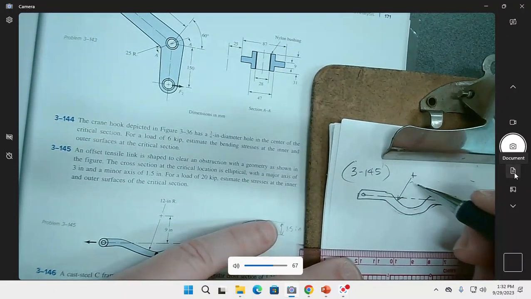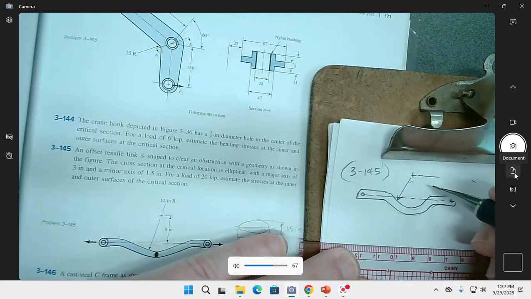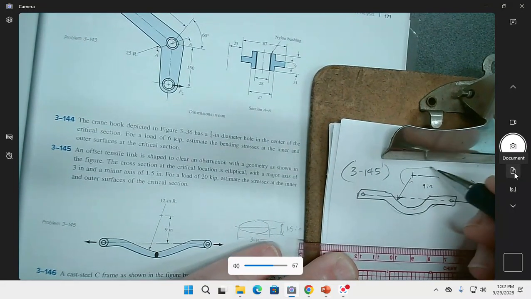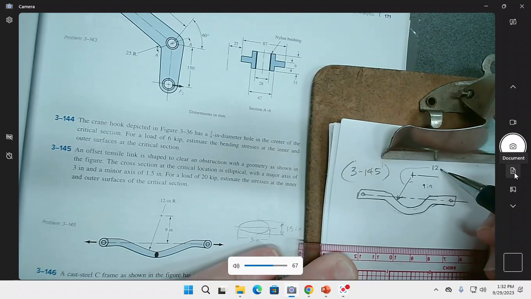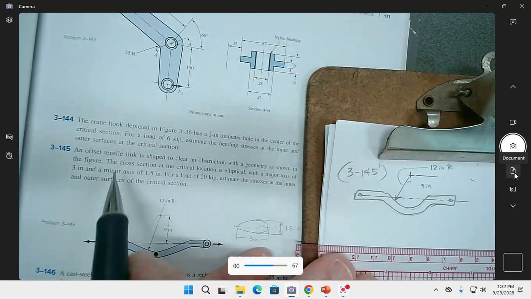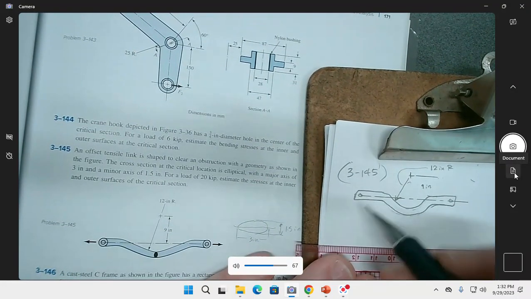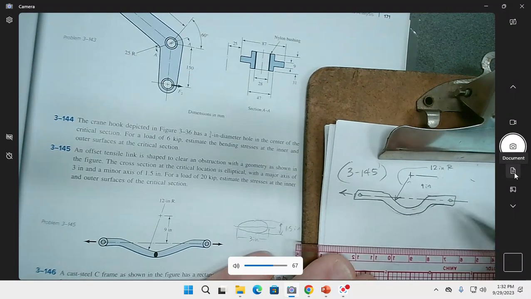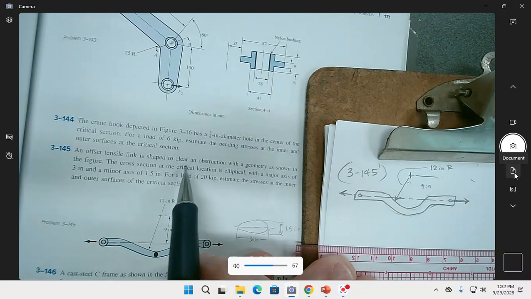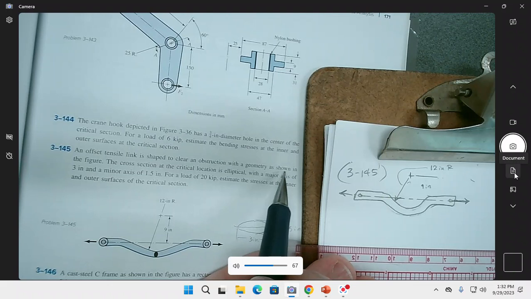All right, and this distance apparently is 9 inches. And this, I'll move it over here, this is 12 inches radius, they said. And other things we said. The offset tensile link, all right, so it's in tension, which they show with the arrows, is shaped to clear an obstruction with a geometry as shown in the figure.